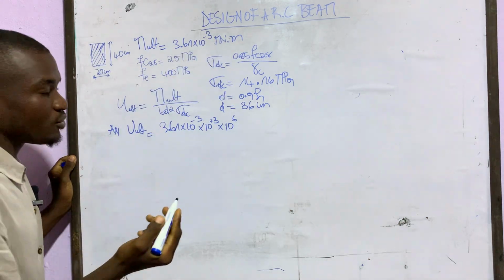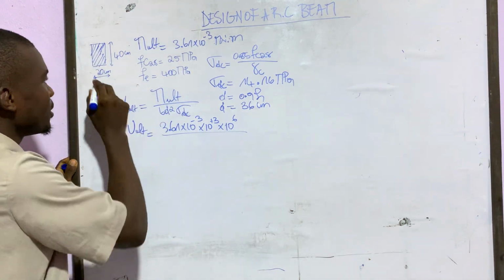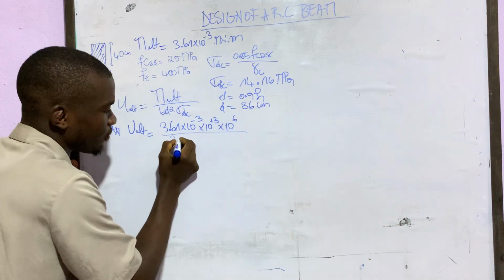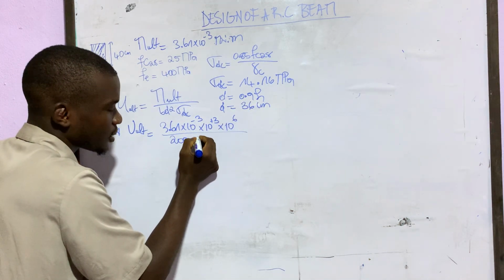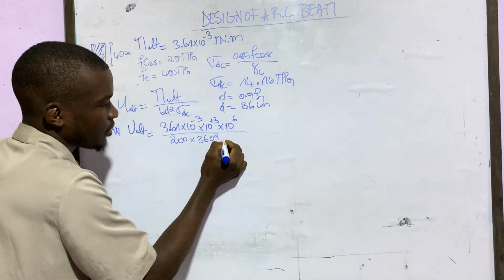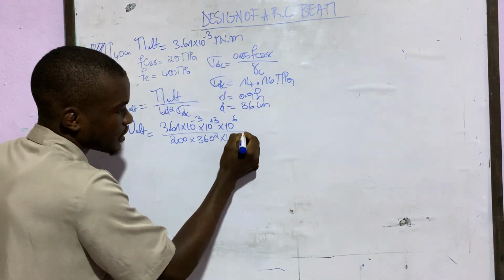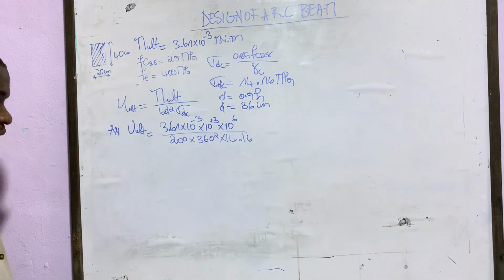Now divide by what? B, the base of our beam, which is 20, converted into millimeter, 200. The D, which is 360, 360 square. Sigma BC, which is 14.16. So that's it.